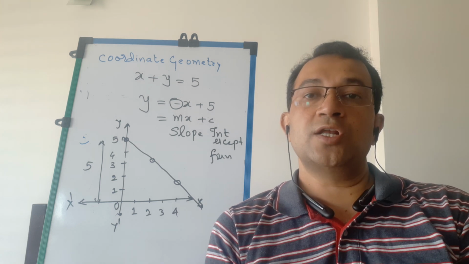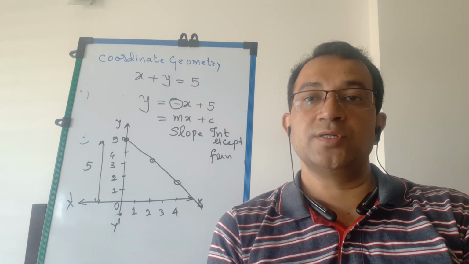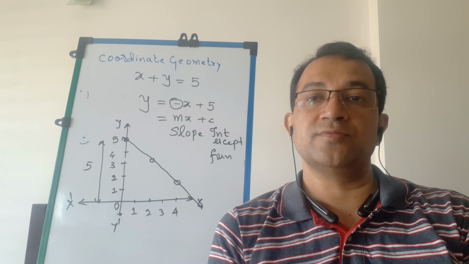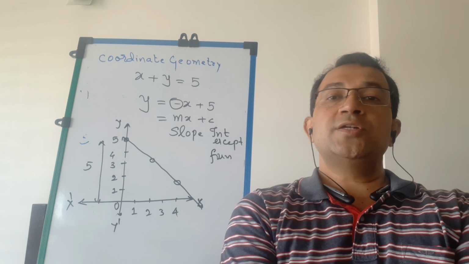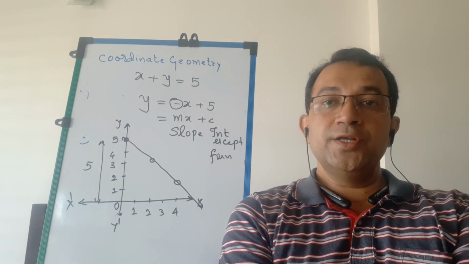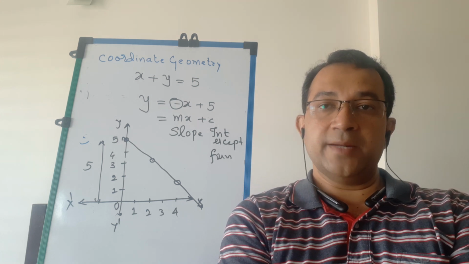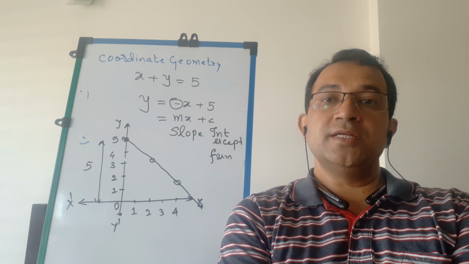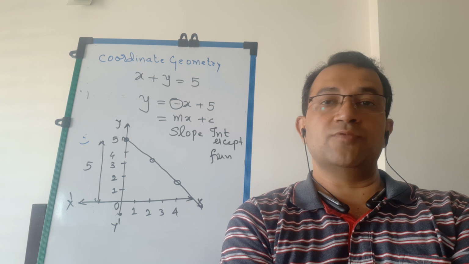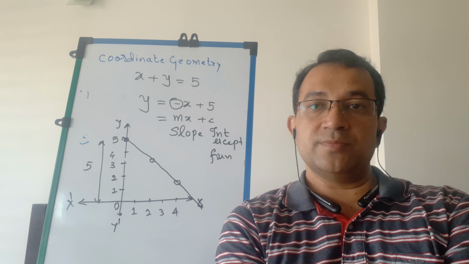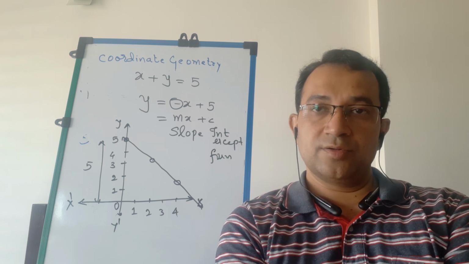Then I told you a general point on the x-axis is (x, 0), a general point on the y-axis is (0, y). Then we came to simultaneous linear equations in two variables. A linear equation in two variables is of the form ax plus by plus c is equal to 0, where a square plus b square is not equal to 0.